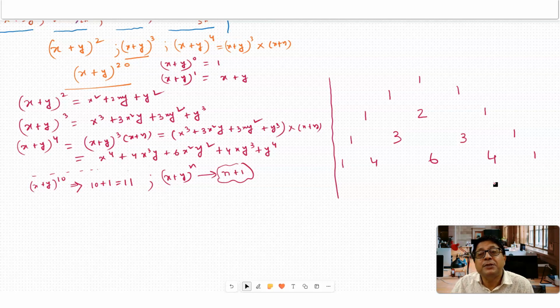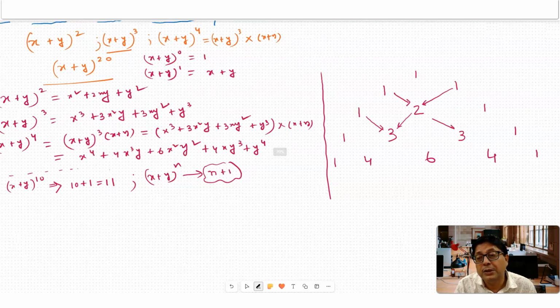And another observation you make, when you are going to write terms from this row, it is actually the sum of the term immediately before it and after it. So this 2 is actually the result of getting these two numbers, their addition. This 3 here is the addition of the term just before it and the term just after it in the previous row. Here also the same manner.